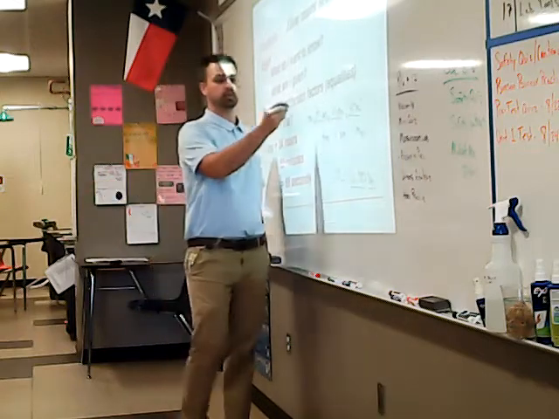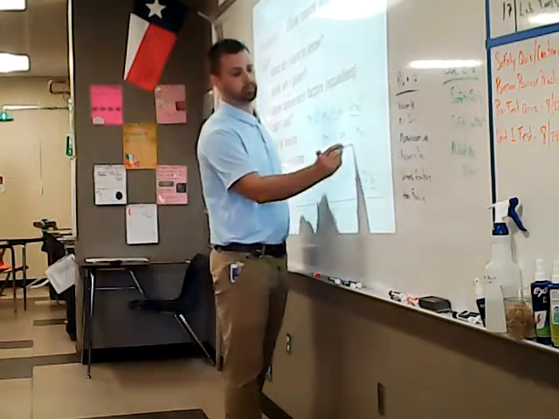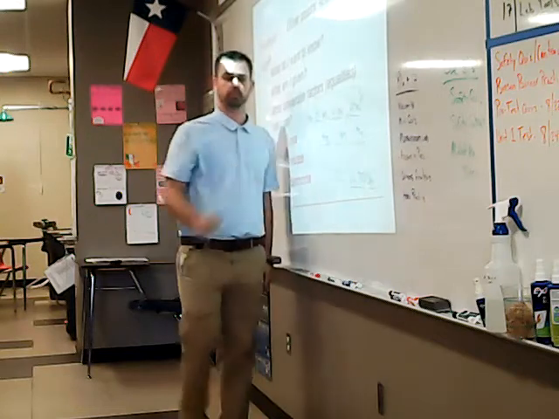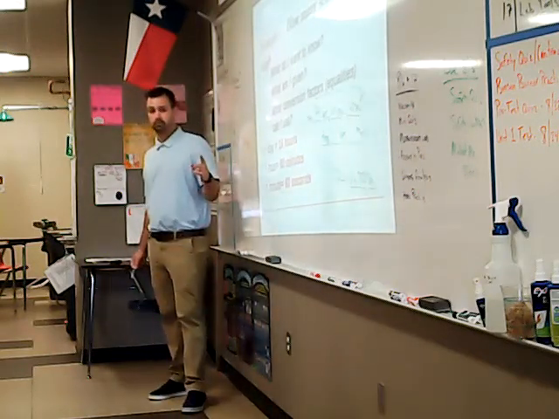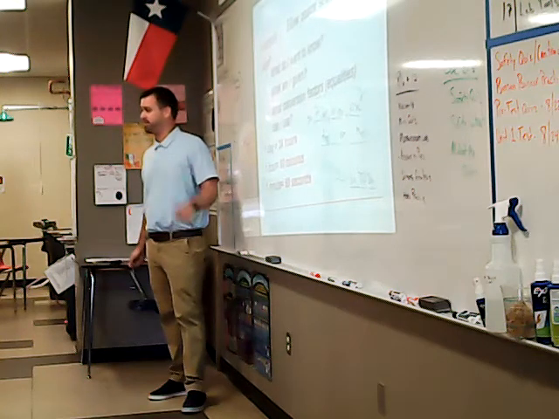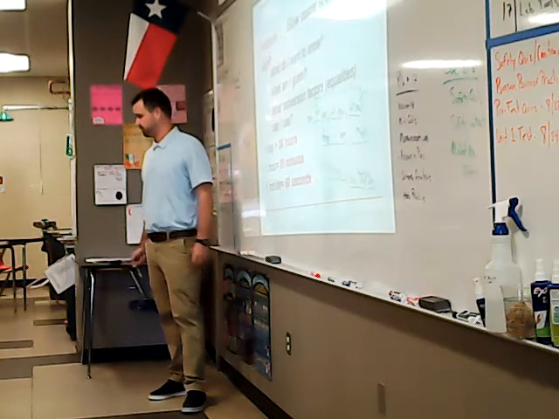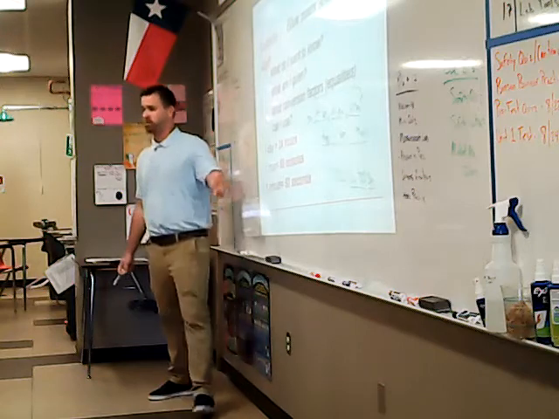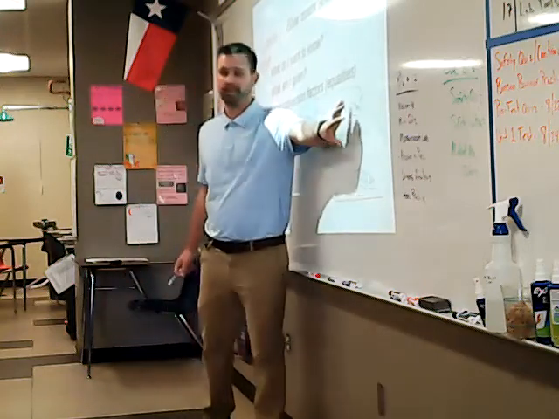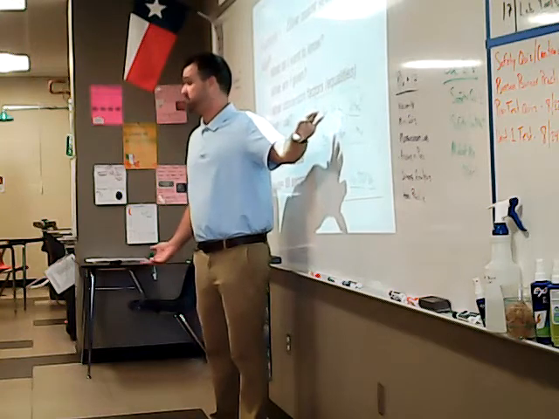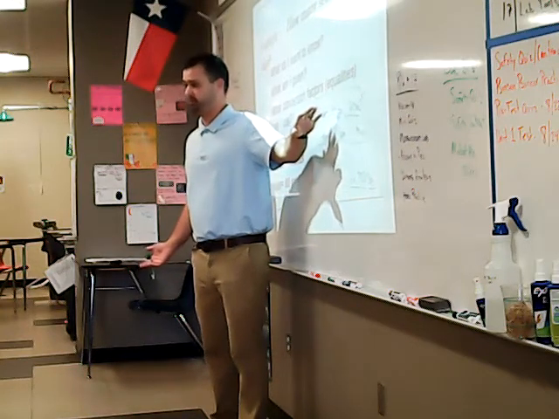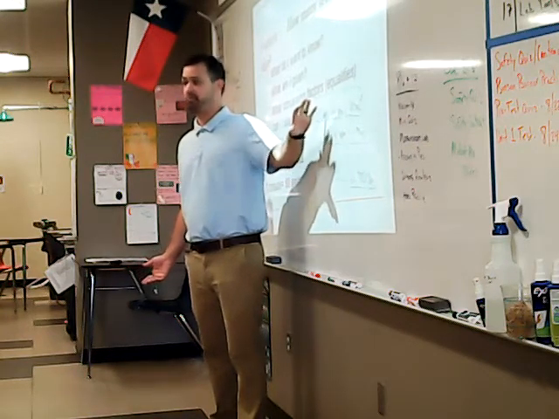Rule number 5 says that all conversion factors have an infinite amount of sig figs. That's the rule. So these are all conversion factors, so will any of these be the least amount of sig figs? They have an infinite amount. We can't count to infinity, right? So they'll never be the least amount.